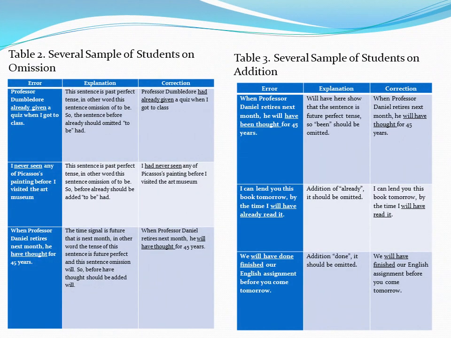Okay, the next slide is several samples of students that the writer found. In table 2, several samples of students on omission, and in table 3, several samples of students on addition.